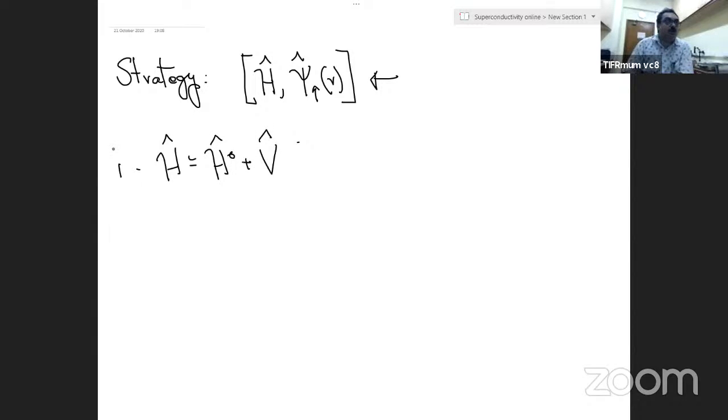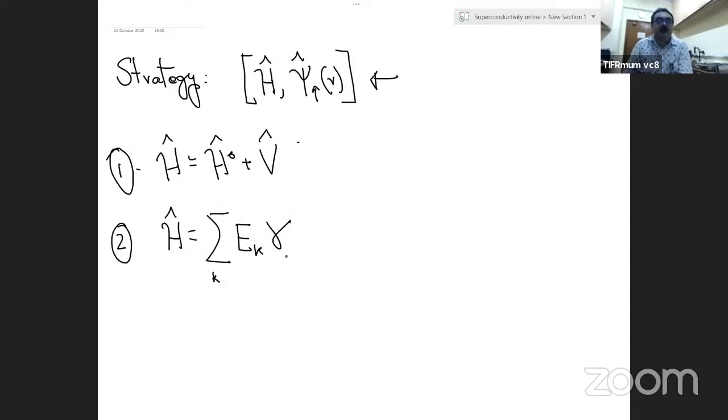This will be the first way to calculate this commutator, and the second way is to use what we know as the mean field Hamiltonian, which is the sum of Ek gamma k sigma dagger gamma k sigma.